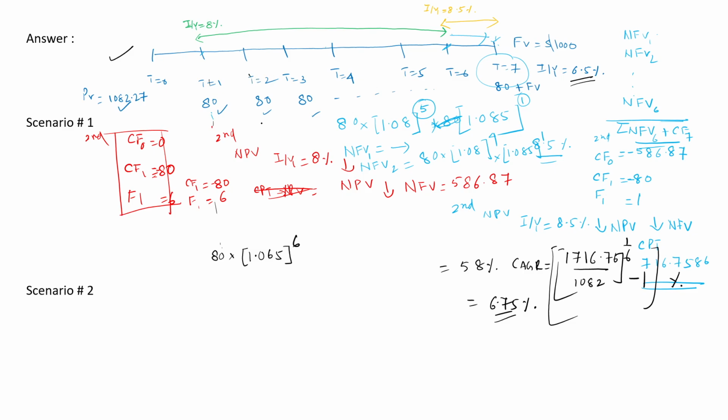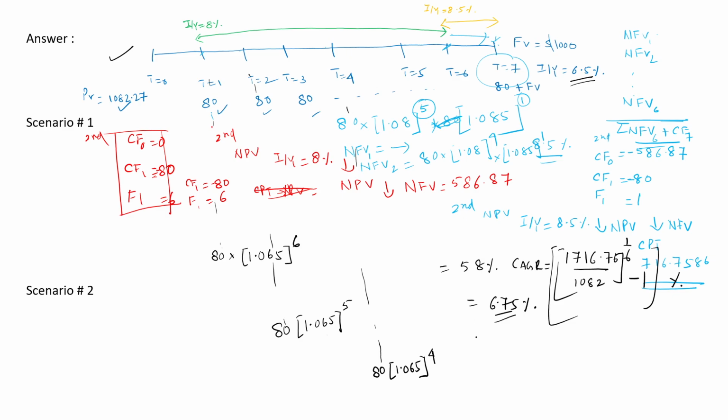The second cash flow which I'm receiving here, I invest for 5 periods, it is compounded for 5 periods. So this becomes 1.065 whole to the power 5. The third cash flow I'm receiving here, and hence the total proceeds of this third cash flow at the market interest rate of 6.5% becomes this.